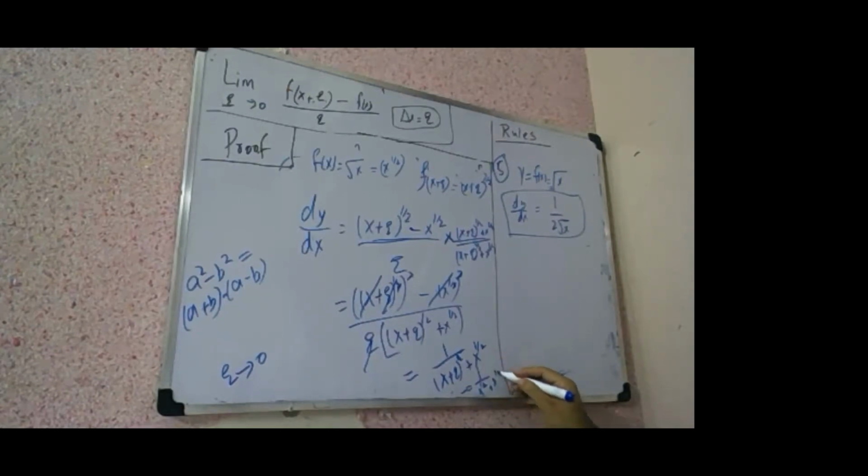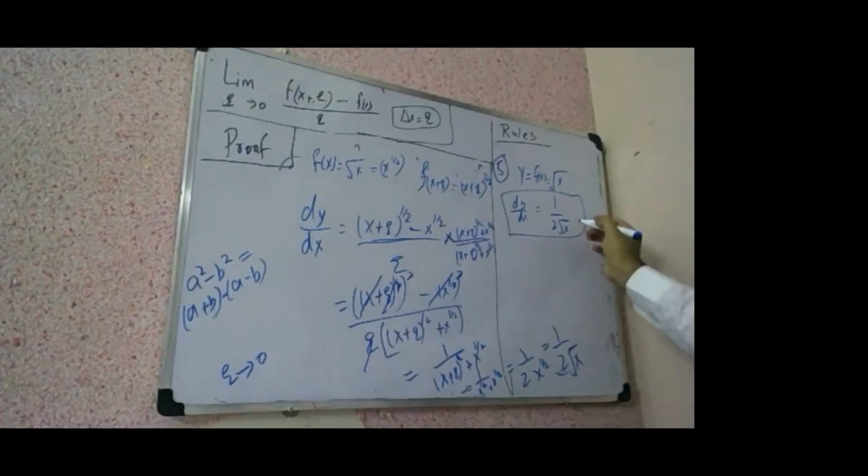plus x? So it will give me 1 upon 2x times 1 by 2, which can give me 1 upon 2 under root x, which is the same thing. So you can have a look.